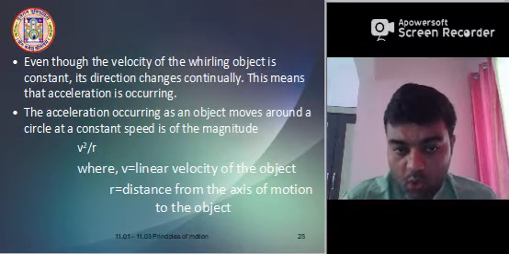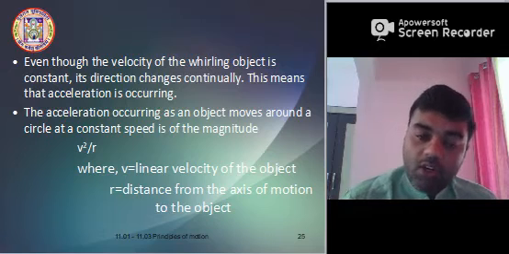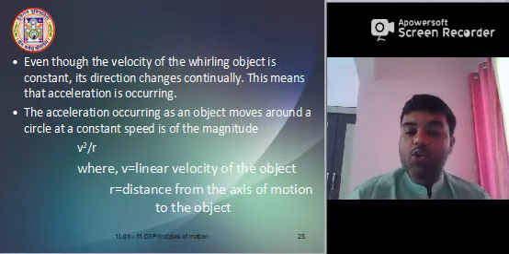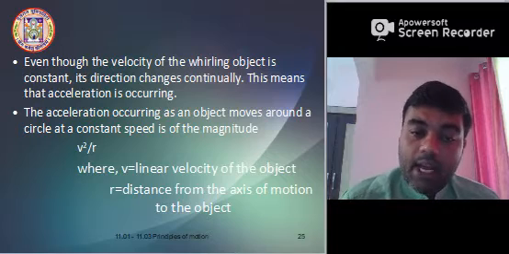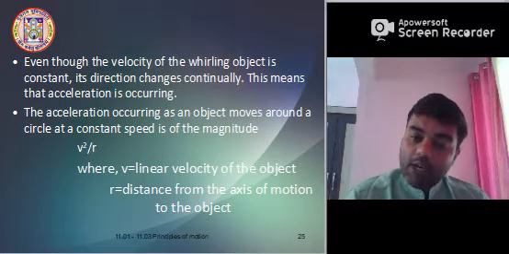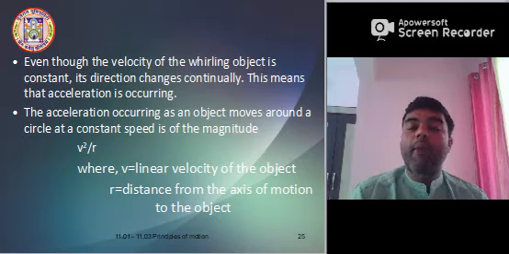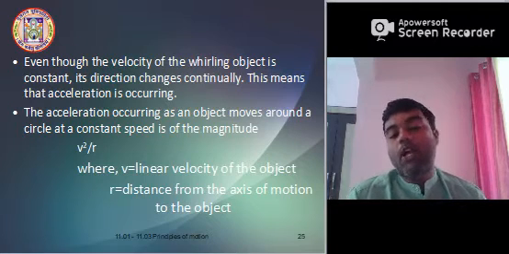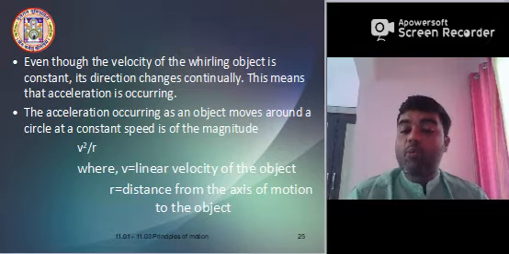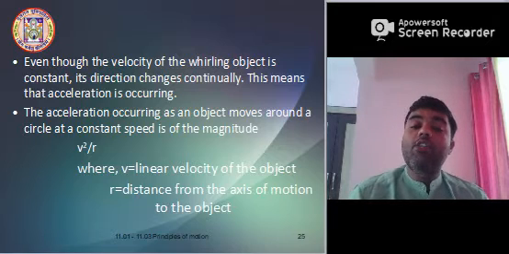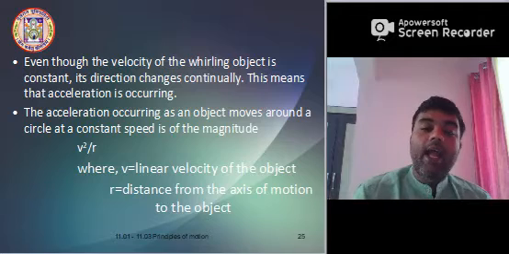Even though the speed of the revolving object is constant, its direction changes continuously. This means acceleration is occurring. The acceleration as an object moves around a circle at constant speed has the magnitude v square upon r, where v is the linear velocity of the object and r is the distance from the axis of motion to the object.